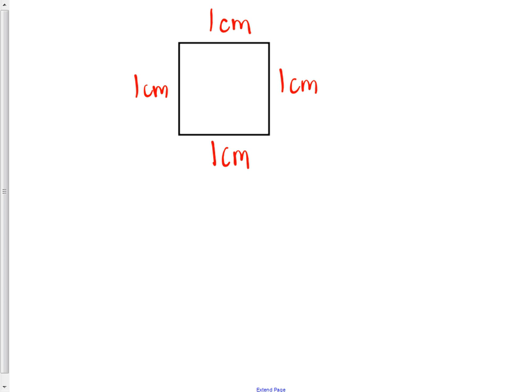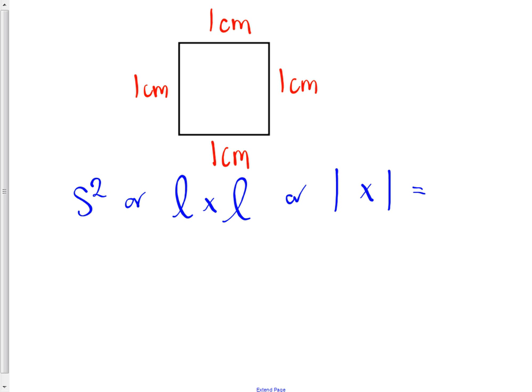How we find out the area of a square is how we start stepping into the ideas of square numbers. The formula for the area of a square is side length squared, or length times length, or in this instance, 1 times 1. What that gives us is the square's area.